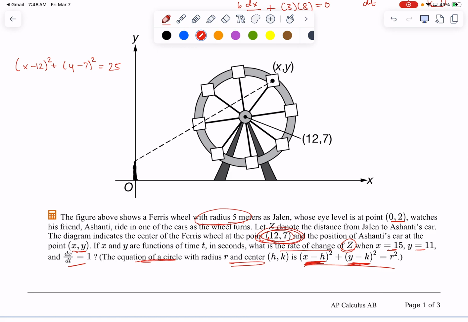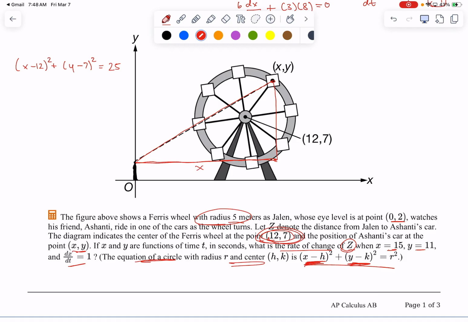Well, z, if I want to know the distance from that point right here, I'd have a right triangle. So we're going to have to think about that. You'd have your x distance, which is just going to be x.